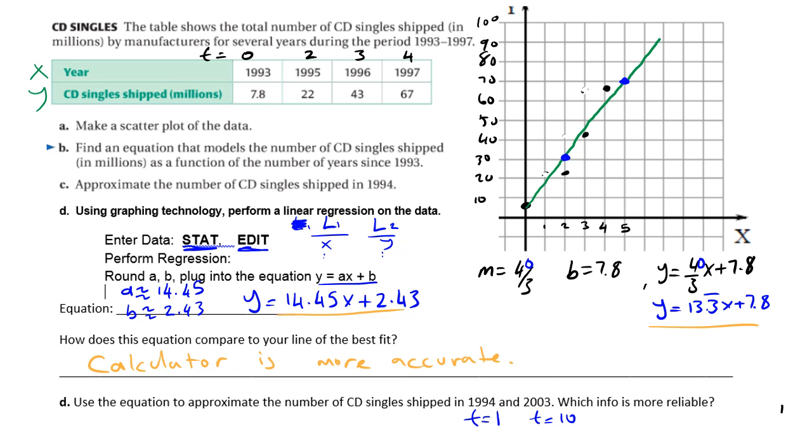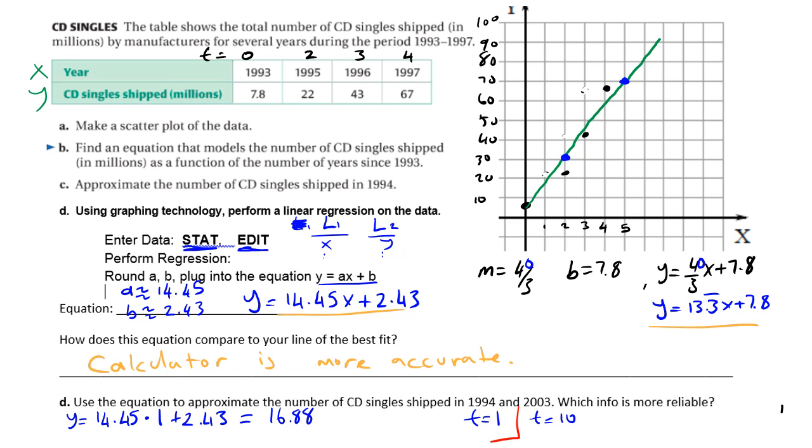Calculating f of 1, in this case the function y is equal to 14.45x plus 2.43, we will do y is equal to 14.45 times 1 plus 2.43. This will give us the number of singles shipped in 1994. We got 16.88.